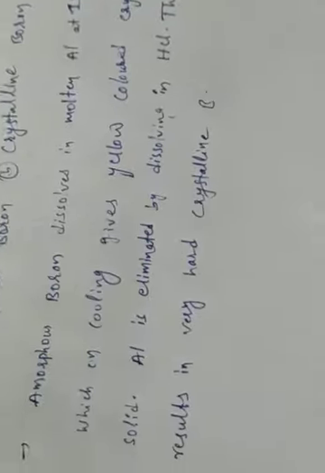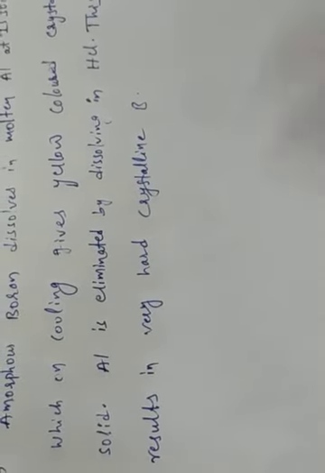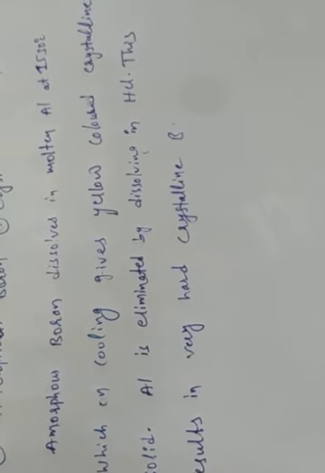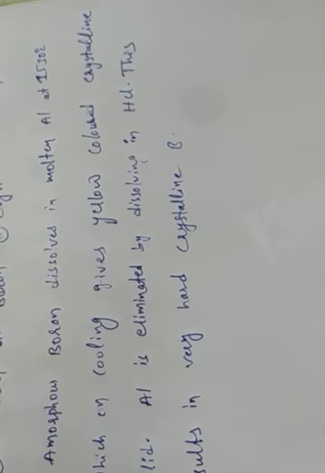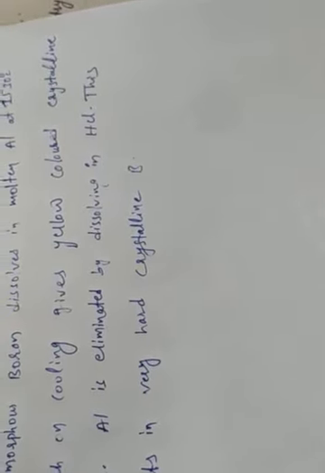Okay, after that we can get the very hard crystalline boron. This is how we can extract boron. Amorphous boron dissolves in molten aluminium at 1530 degrees. On cooling it gives yellow colored crystalline solid. Aluminium is eliminated by dissolving in HCl. Then we can get the hard crystalline boron.